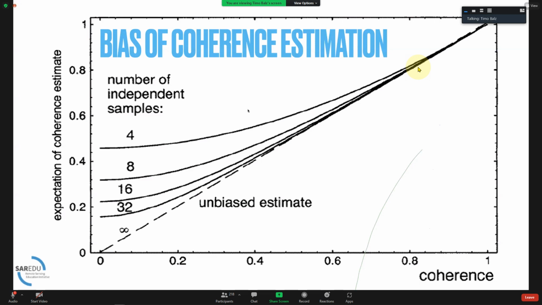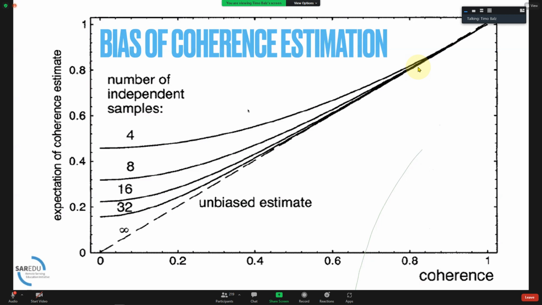So you should have a large number of independent samples of the same, or a similar, object. So you have to find the right middle way between a large number of independent samples and a suitable window size, right?